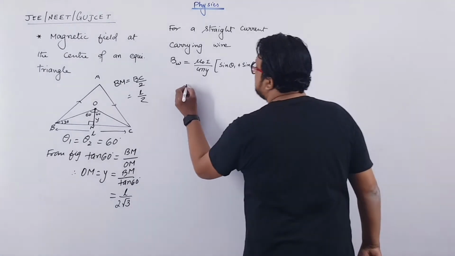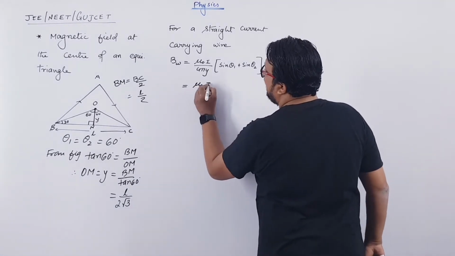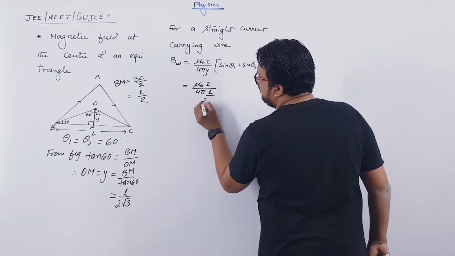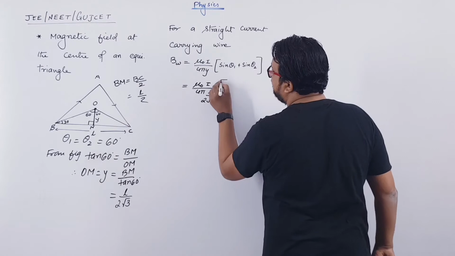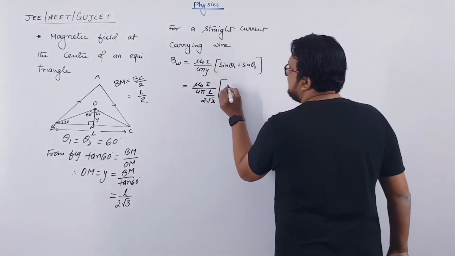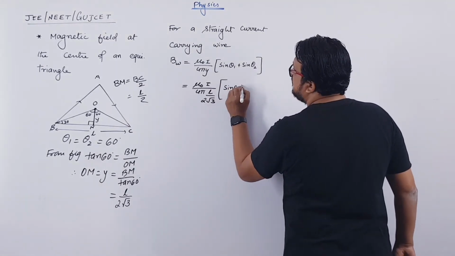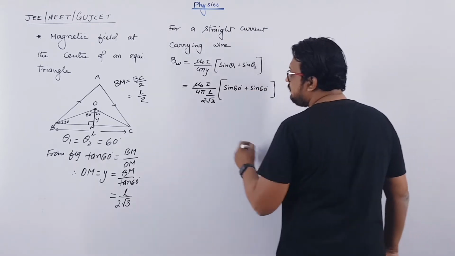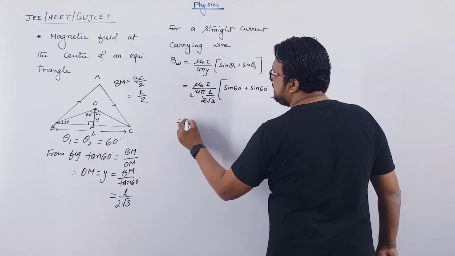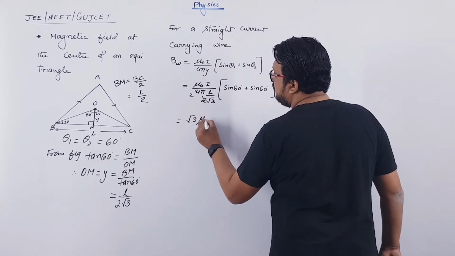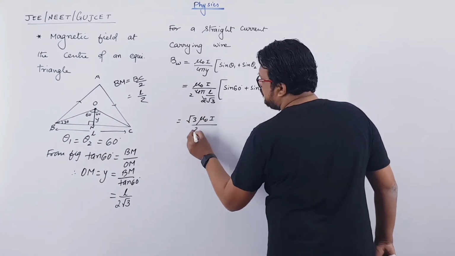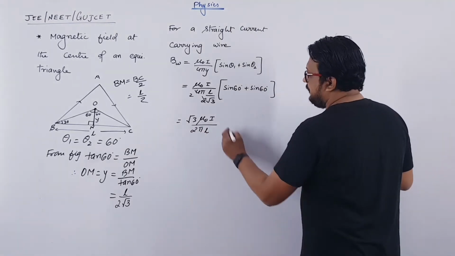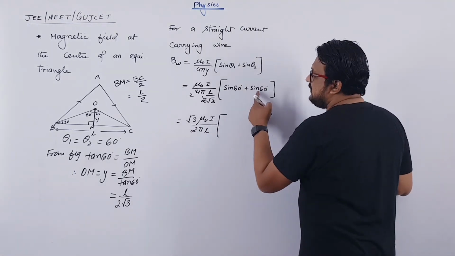So therefore this will be equal to mu naught I over 4 pi, y is L by 2 root 3, into sine 60 plus sine 60 degrees, right? 2 2s are 4. So that is root 3 mu naught I over 2 pi L into sine 60 plus sine 60.